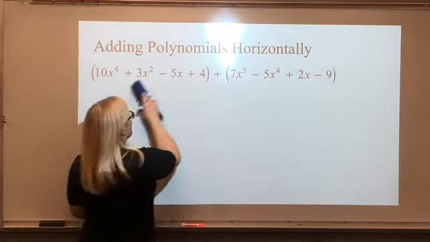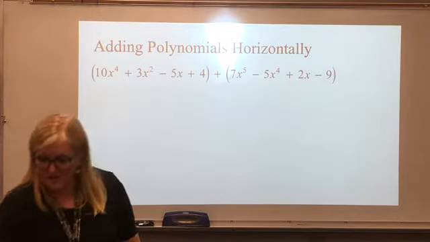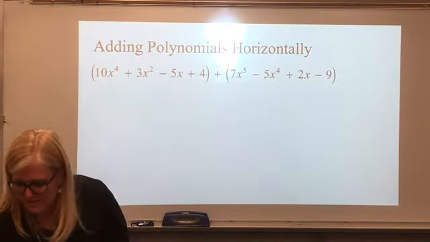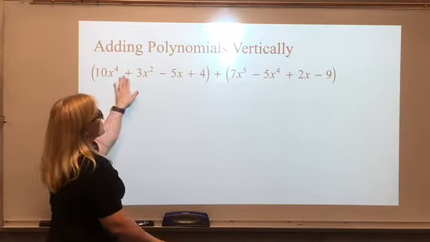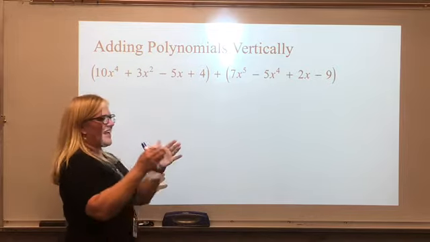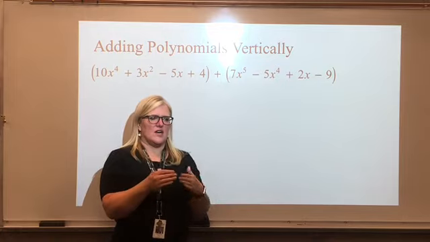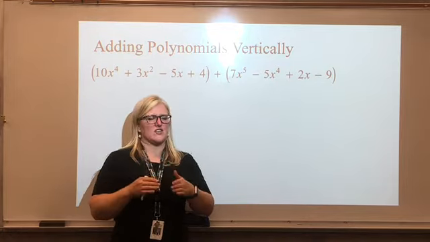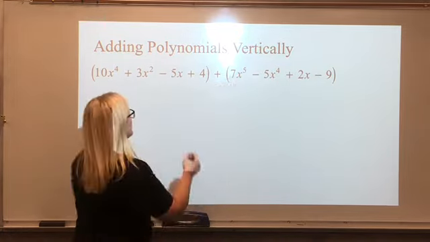So if there's a horizontal way, then it makes sense that there would be a vertical way. Okay? And the way that I do these, you're going to put them on top of each other, and I give myself kind of a column for each term, for each like term. So, for example, I'm going to start with this one. This is 7x to the fifth.